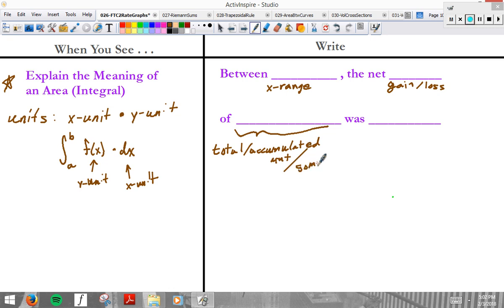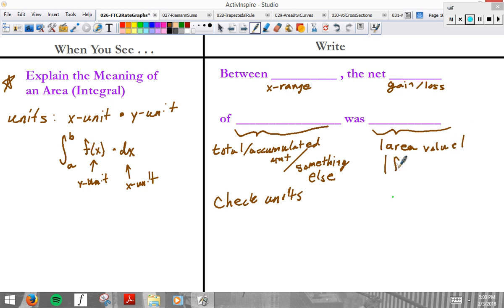And I know that's not helpful, but what I want to urge you to do is to check units. Frequently, you'll have a nice explanation based on the units. And then here should always be the absolute value of the area's actual value, or the absolute value of whatever your integral was, which is an area. Okay?